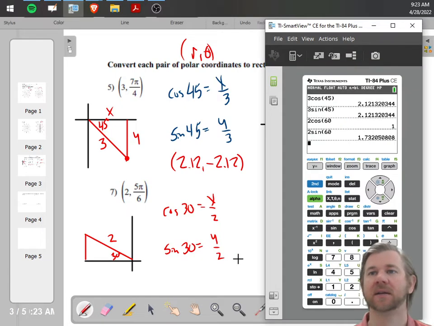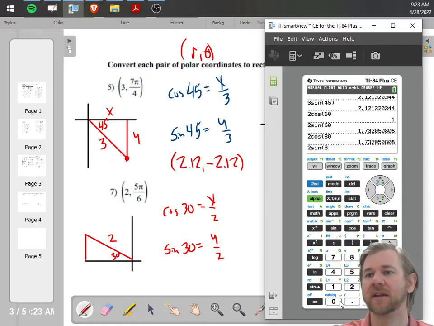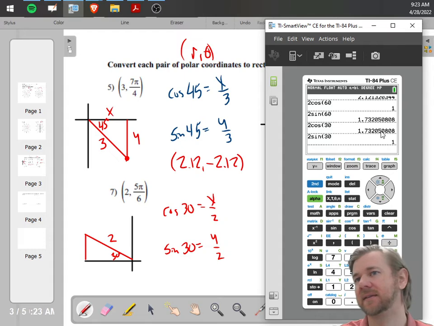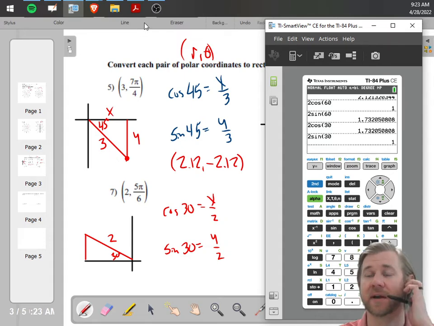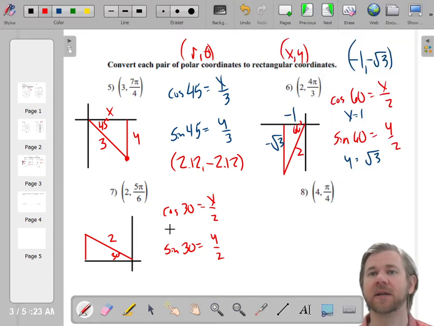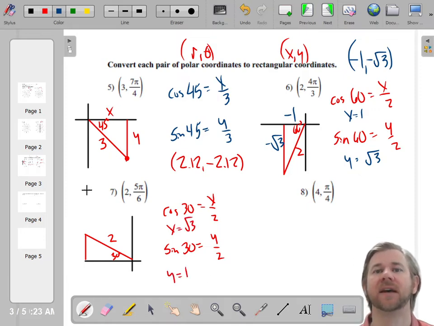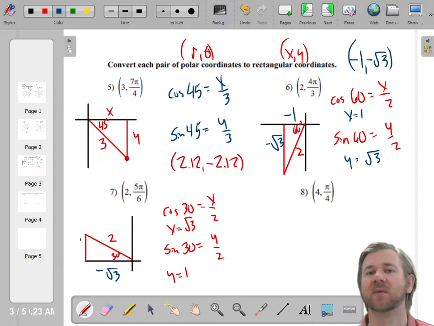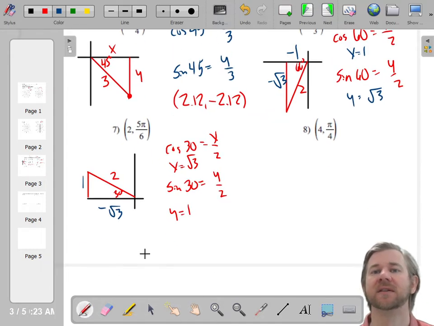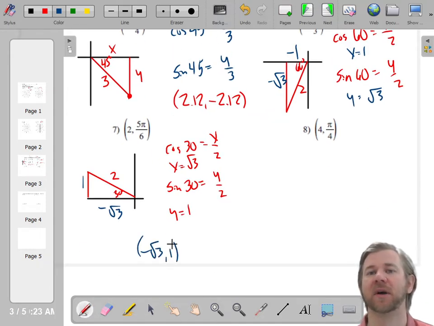When you multiply, 2 cosine 30, 2 sine 30. Again, the cosine of 30, that's radical 3. So x is radical 3, and y is 1. And since you are in the second quadrant, the x is negative, the y is positive. So this is negative radical 3, positive 1.